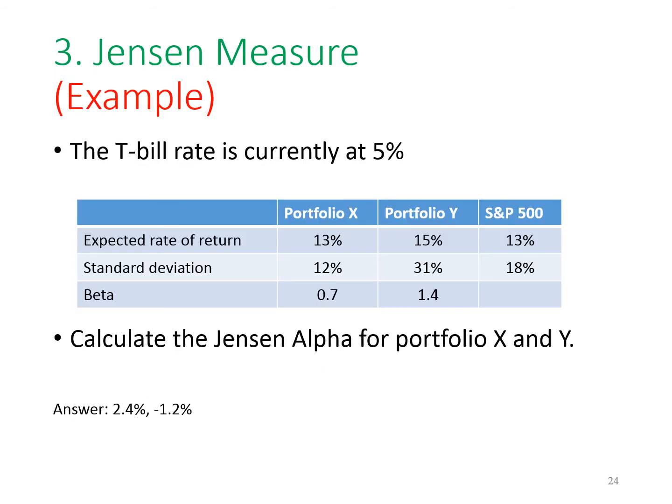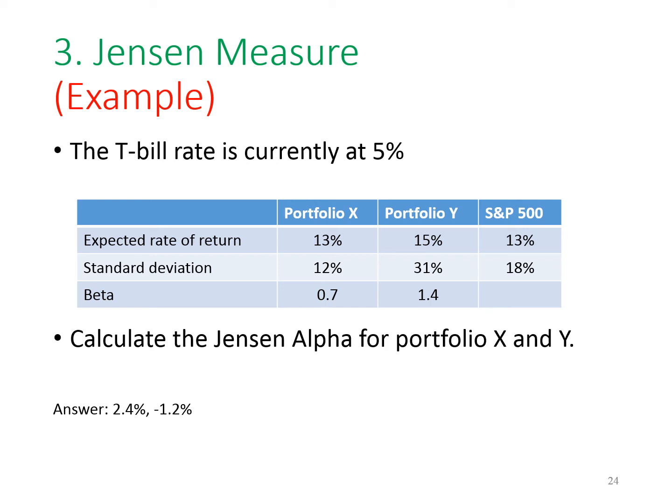In this example, we first use the CAPM to calculate the expected return of portfolio X and Y. For example, the expected return for portfolio X is risk-free rate 5% plus beta 0.7 then multiply with 13% minus 5%, and the answer is 10.6%.